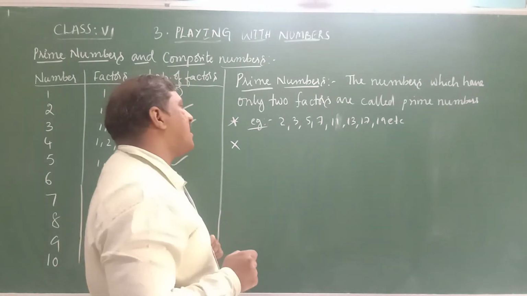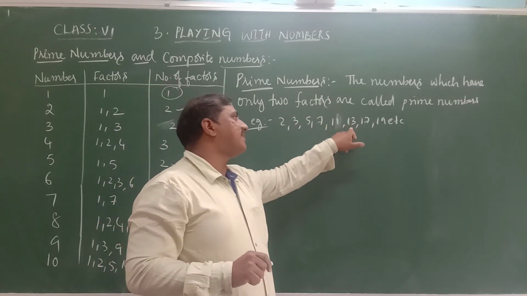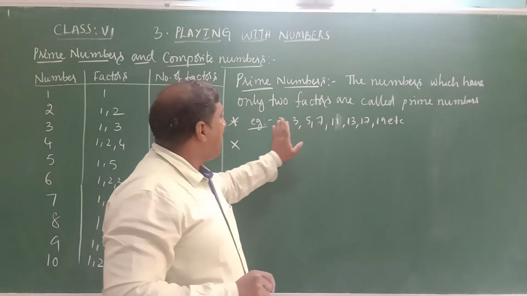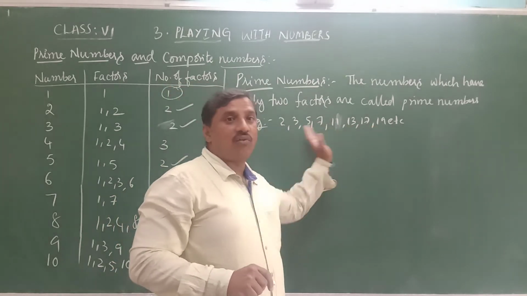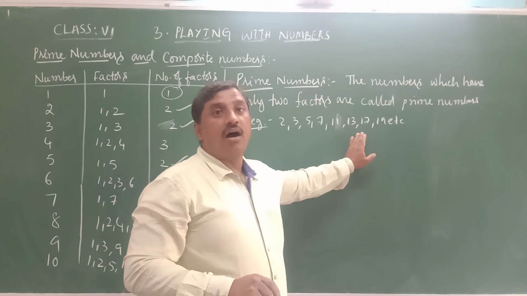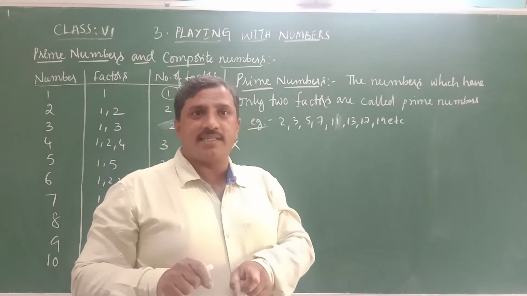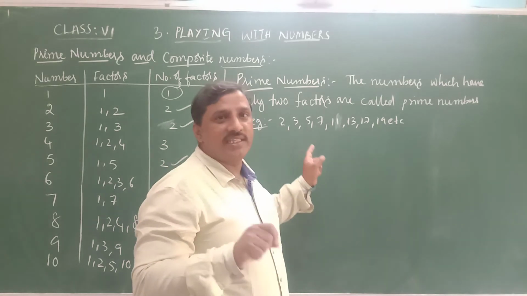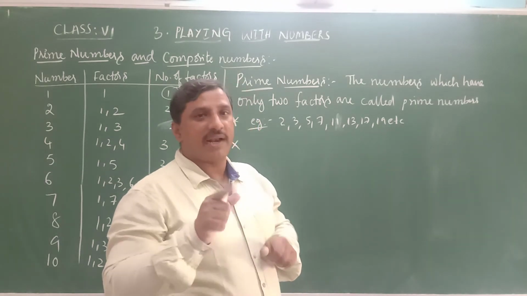Now, if you observe here, except 2, the numbers 3, 5, 7, 11, 13, 17, 19 are what kind of numbers? Odd numbers. So, prime numbers are odd numbers except 2. So, 2 is the only even prime number.